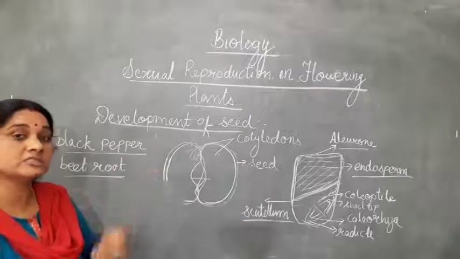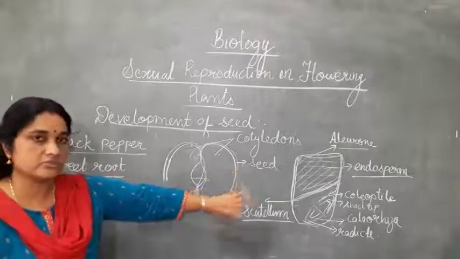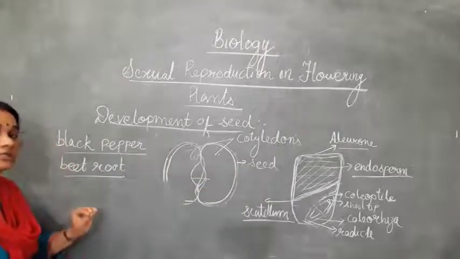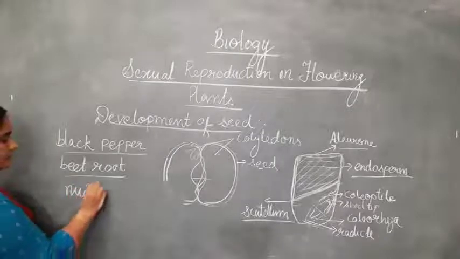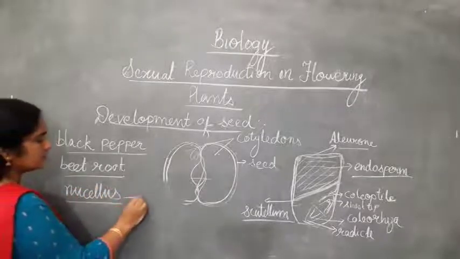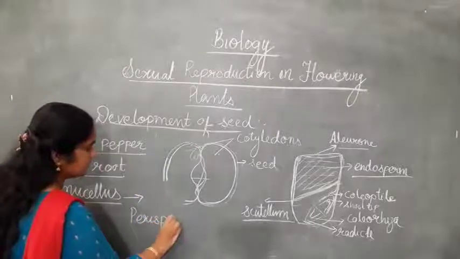Sometimes even the nucellus will be persistent in the seed. In certain seeds you cannot see the nucellus, but in certain seeds the nucellus also will be present. So if the nucellus is retained in the seed, that kind of seed is known as perisperm. It is known as perisperm.